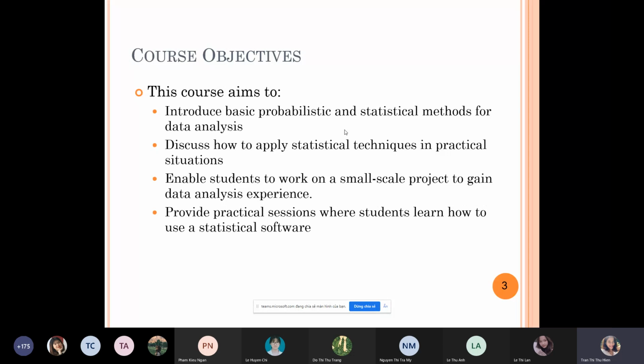This is the reason why you have to work on a small scale project to gain data analysis experience. And this is the time for you to practice. You can learn how to use statistical software, and it is R software, a software to collect the data and help you to interpret.